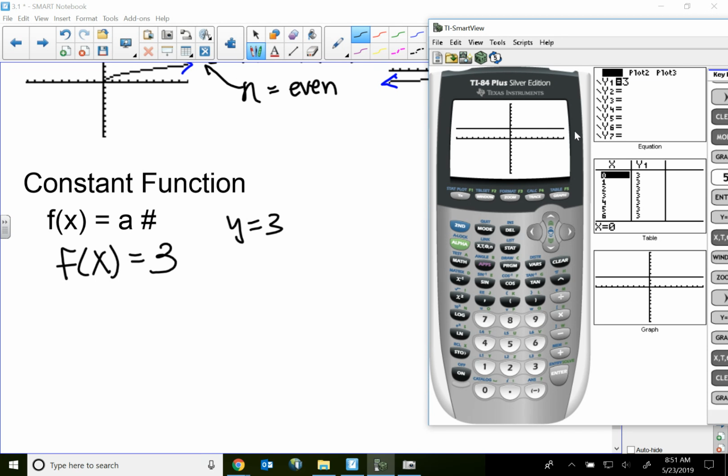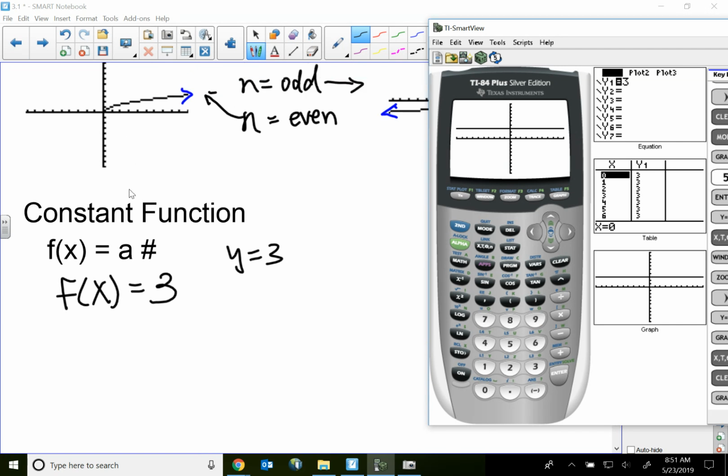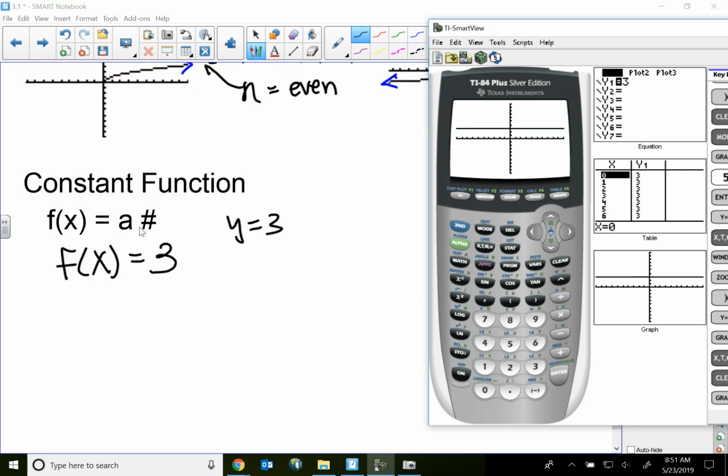Okay, what is constant? Why do I use that word constant? The numerical value is considered a constant. It's the constant term, which is always the last term of a polynomial. It's a term where the variable has exponent 0. So if you just see a number standing alone, that's considered a constant function.